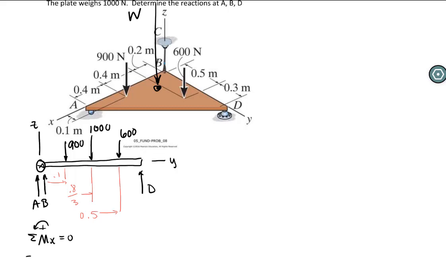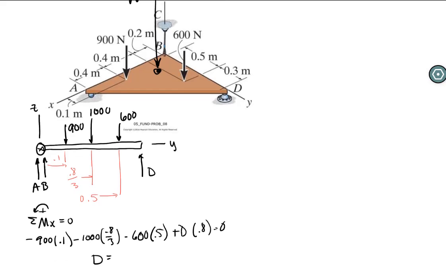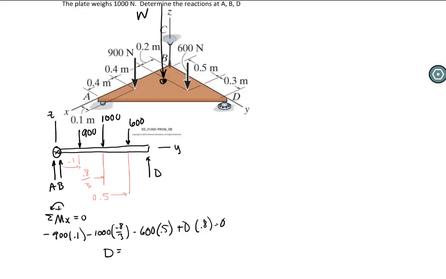So here I have minus 900 times 0.1 minus 1,000 times 0.8 over 3 minus 600 times 0.5 plus D times 0.8 is equal to 0, and I can solve that for D. Let me zoom out a little bit. D is equal to 820.8 newtons. Okay, solved our first unknown there.